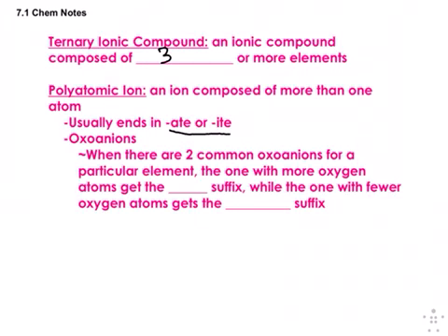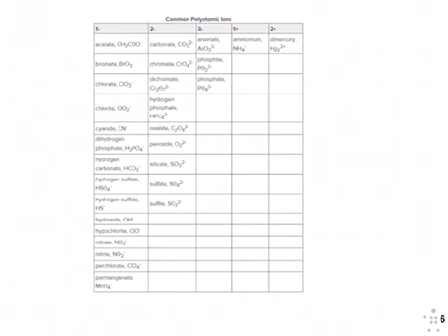And then you can have these oxoanions, and this is when there are 2 common oxoanions for a particular element. The one with more oxygen atoms gets the -ate suffix, while the one with fewer oxygen atoms gets the -ite suffix.